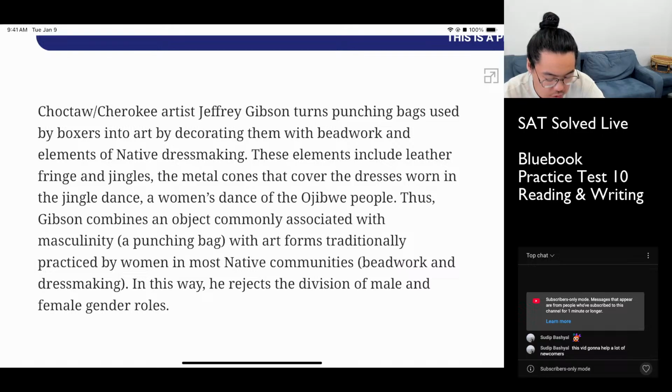Jeffrey Gibson turns punching bags into art by decorating the punching bags with native decorations, including leather fringe and jingles, metal cones, okay, used in dance. As a result, we get a masculine fusion with feminine practice and reject the division of gender.